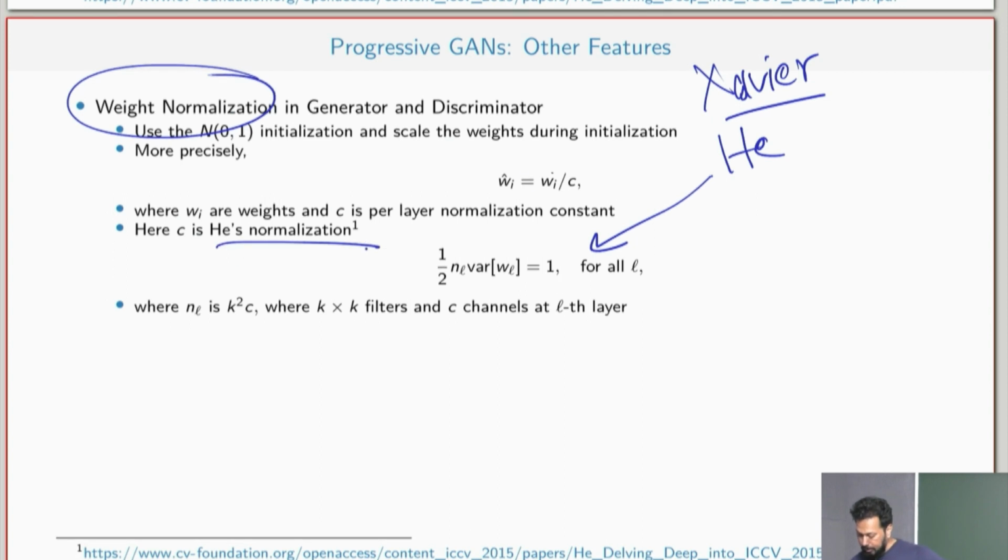Basically the weights are normalized in a way that the variance of the weights W^l in the current lth layer should be 2 divided by N^l, where N^l is the number of nodes in the layer. So the weights should be initialized in that way.